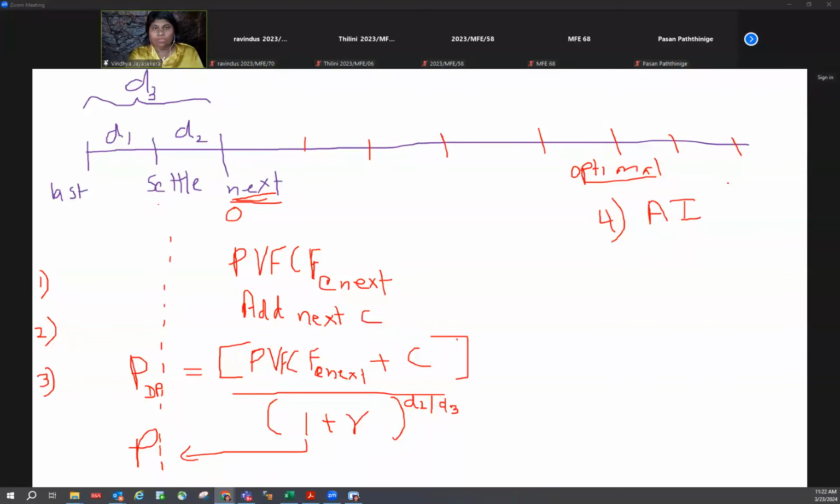If you need the clean price, you first need to find the accrued interest, which is the next coupon multiplied by D1 divided by D3. And the fifth step is to find the clean price. You use the dirty price minus the accrued interest.